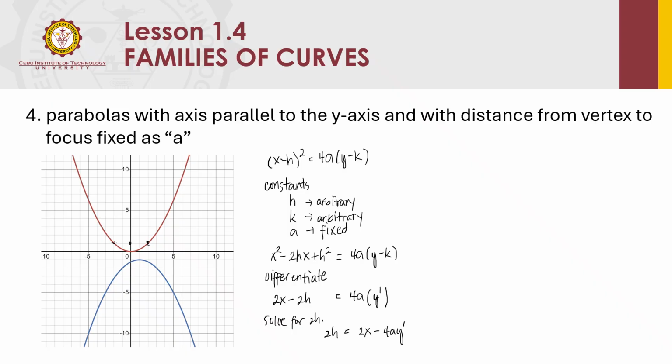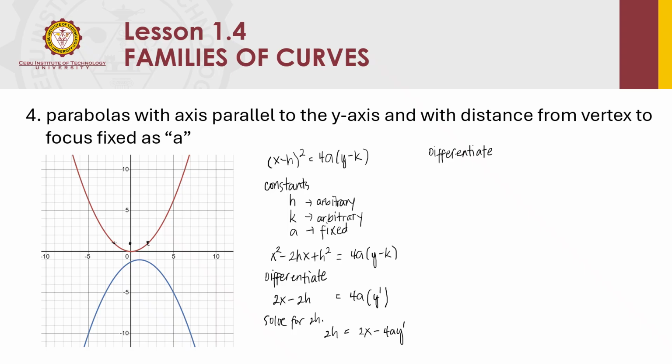So we're just arranging the terms, putting 2h on one side of the equation, isolating it so that after another round of differentiation, h will be eliminated.